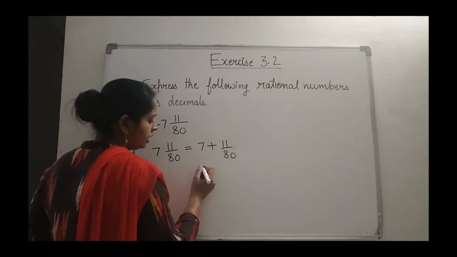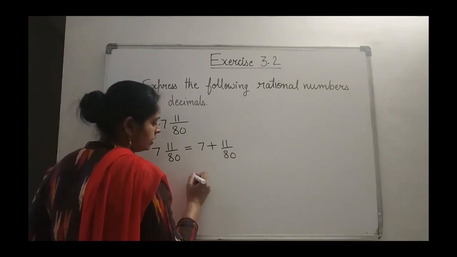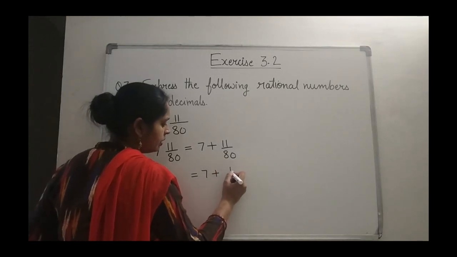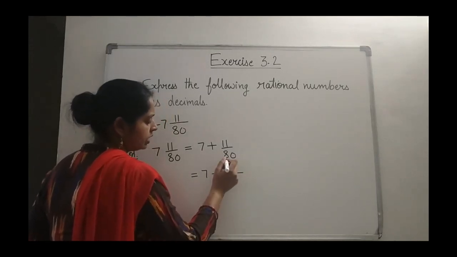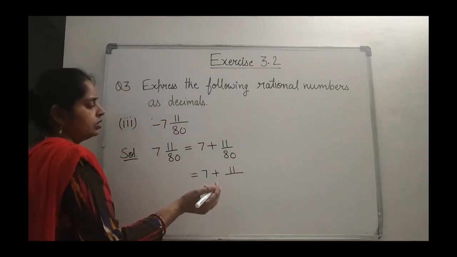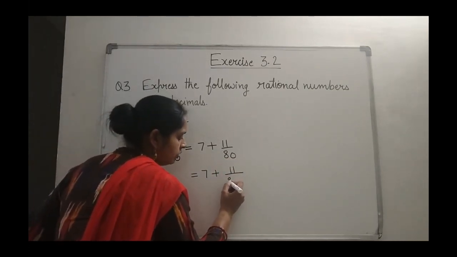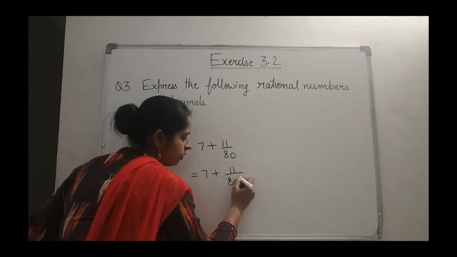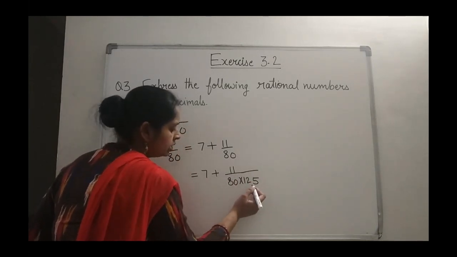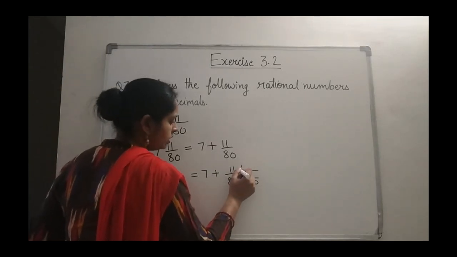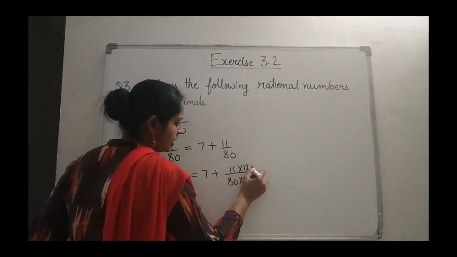So now 80 is there. We know that if 80 is there, what do we have to do? We have to multiply the denominator by such a number so that we can make the denominator 10, 100 or 1000. So 80 will be multiplied by 125, right? And if we multiply the denominator by 125, in the numerator also we have to multiply by 125.